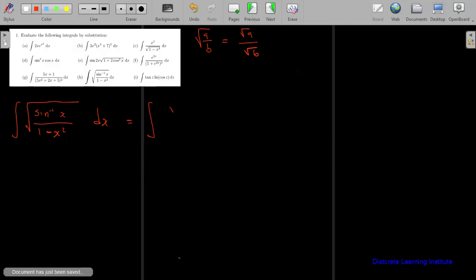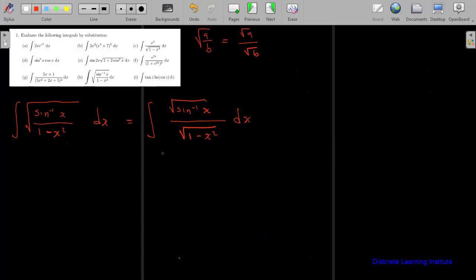So I can distribute the root there. That's the integral of the root of sine inverse of x over the root of 1 minus x squared dx. So how do you evaluate this integral?